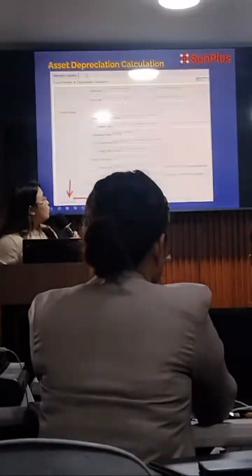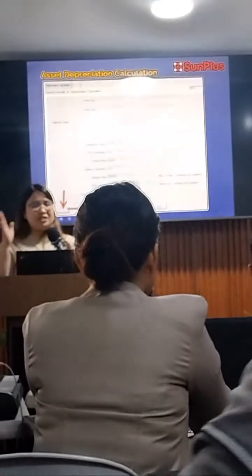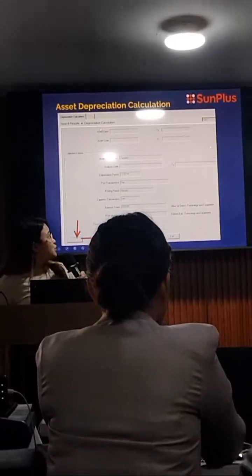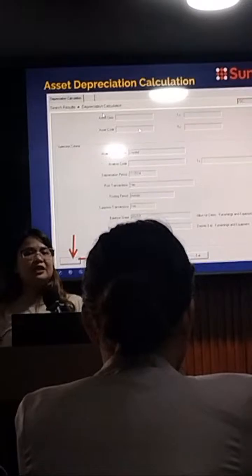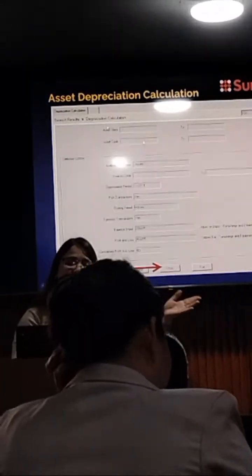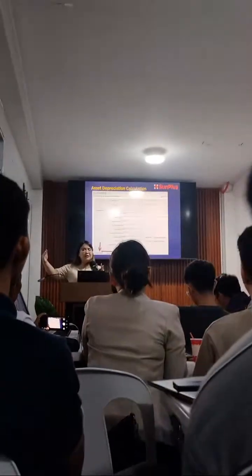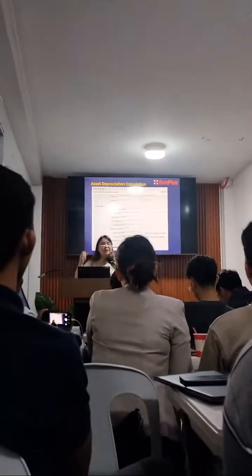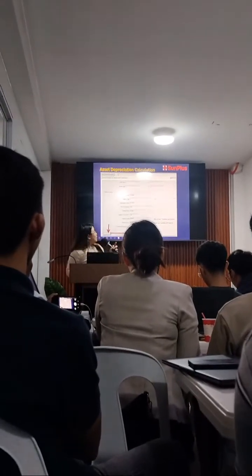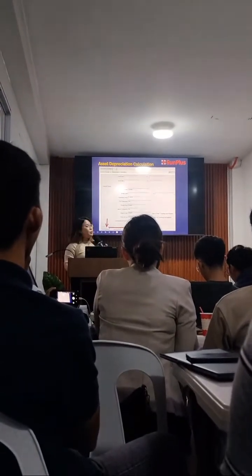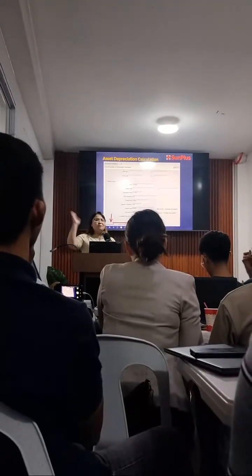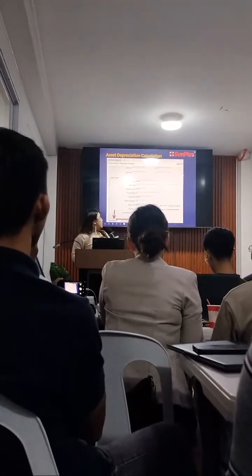Put the asset code if you want to be specific. You can put a range. Meaning, if you put here from I001 to I00, the last I that you have, then it will only depreciate those within that range. Okay? But normally, we would set this as blank kasi isang pasada na lang tayo.